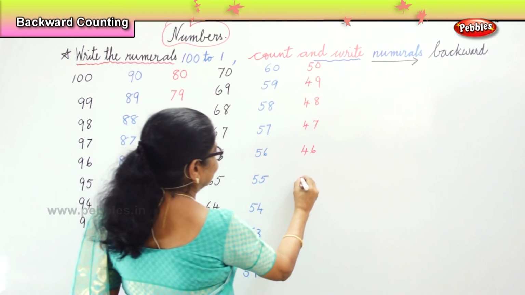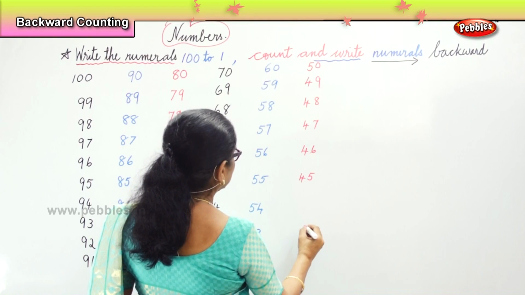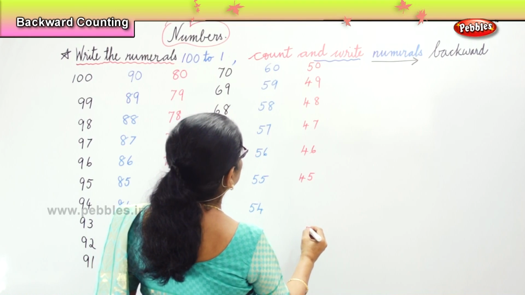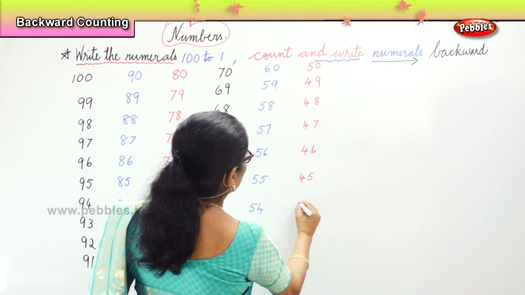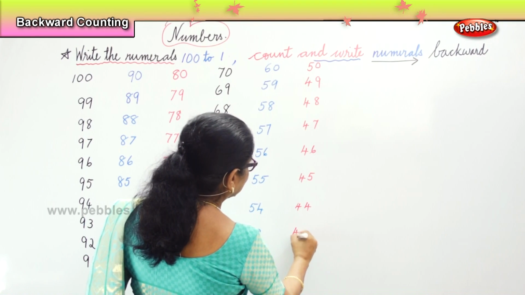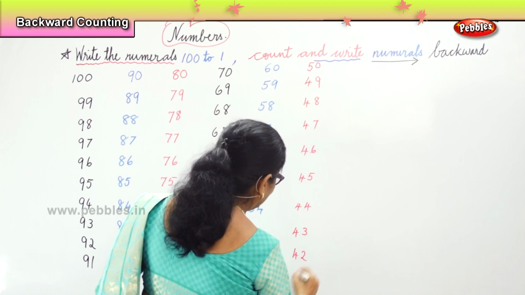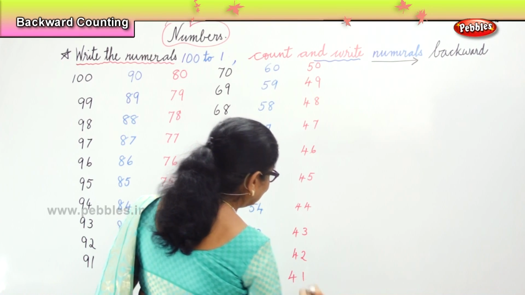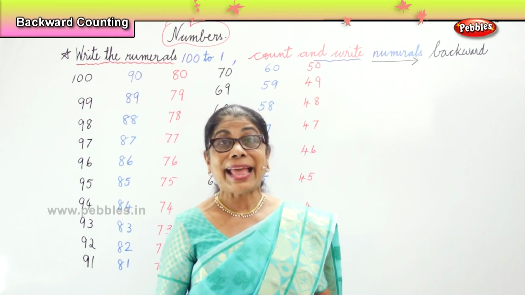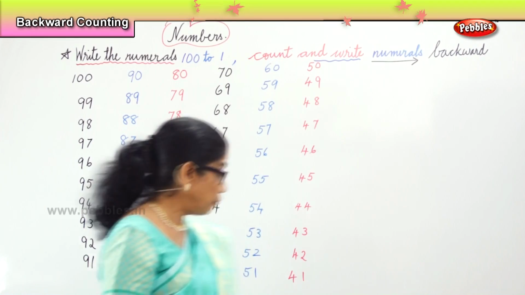See the pattern. 45. Good. 44. 43. One less. 42 and 41. Now we learn to count backward and write from 100 to 41.